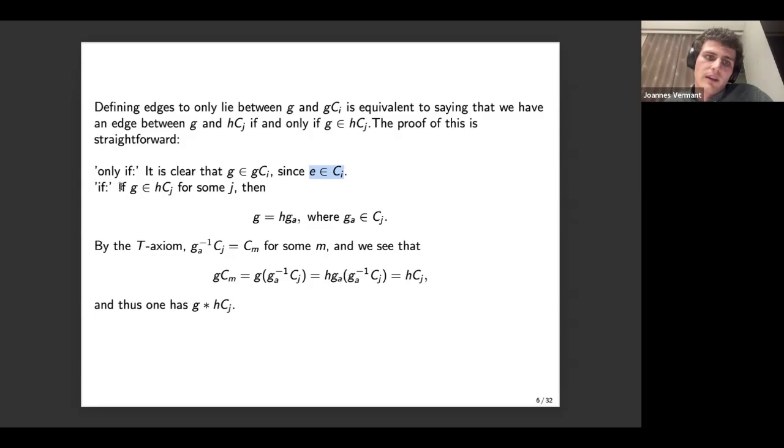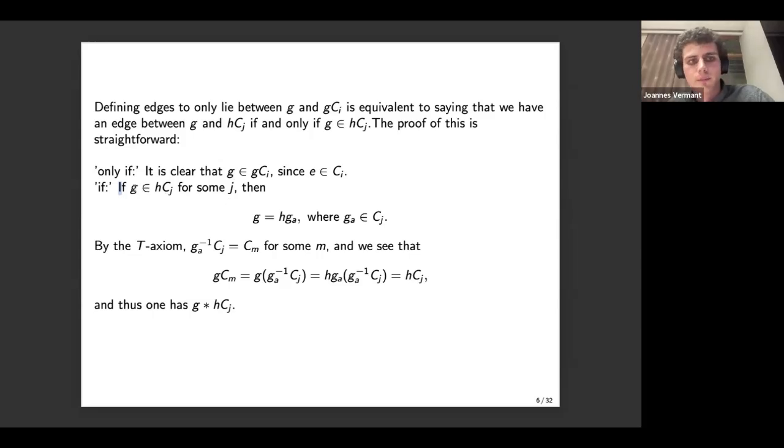And if we have some translate of some cell, so we have h times Cj, and if g is an element of h times Cj, then what we want to show is that h times Cj is equal to g times Cm for some m between 1 and L.